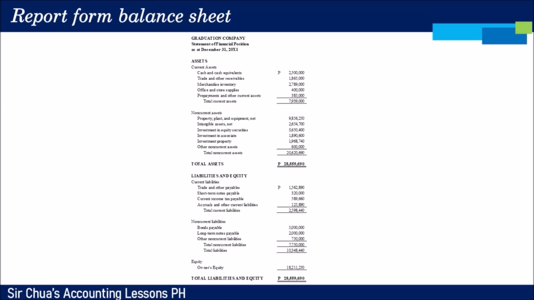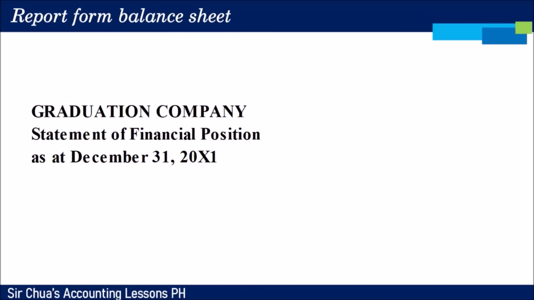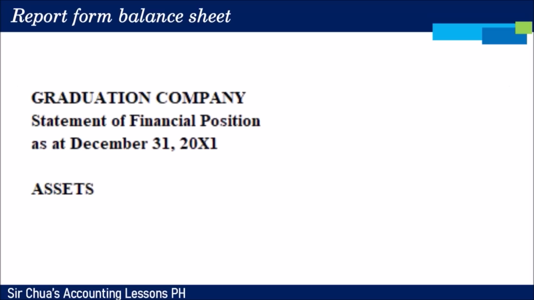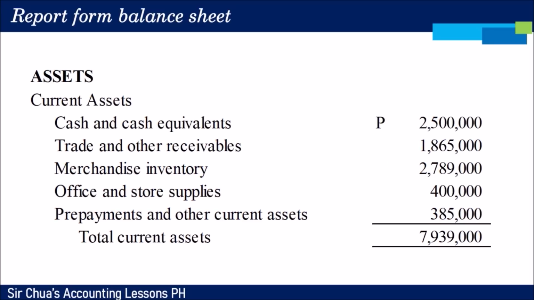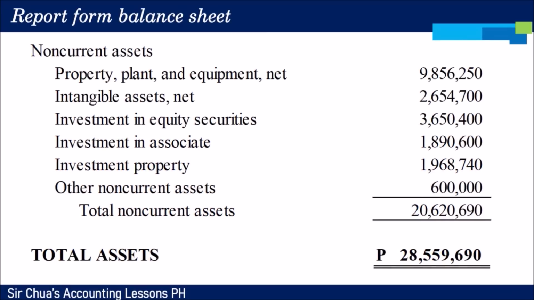So, papakita ko lang po uli sa inyo para mas ma-appreciate nyo. So, yung pinaka-heading, which is Graduation Company, Statement of Financial Position as at December 31, 20X1. Then, we start with your current assets. Okay? And then, we proceed also with your non-current assets, and then yan na po yung total assets.